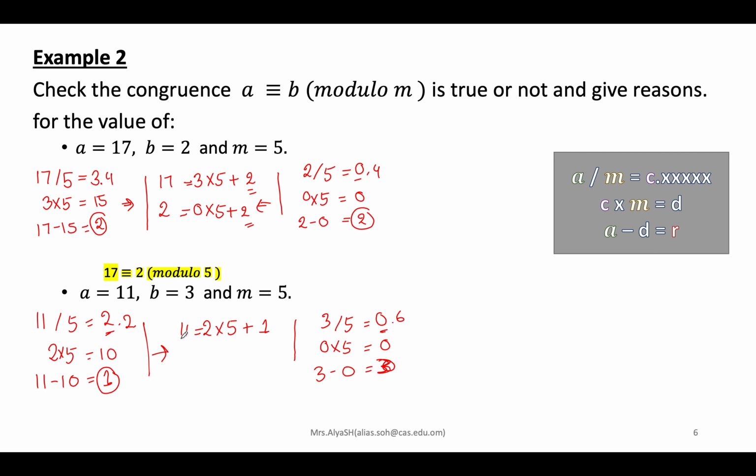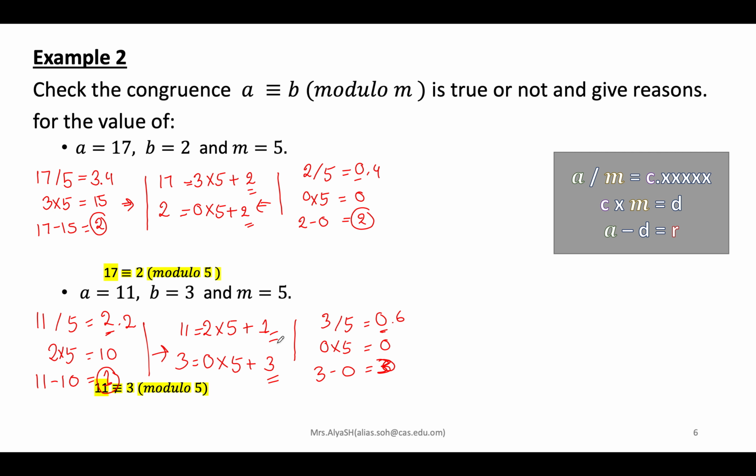All right. Now 3 equals 0 times 5 plus 3. And if you notice here, the remainders aren't equal, so 11 is not congruent to 3 modulo 5.